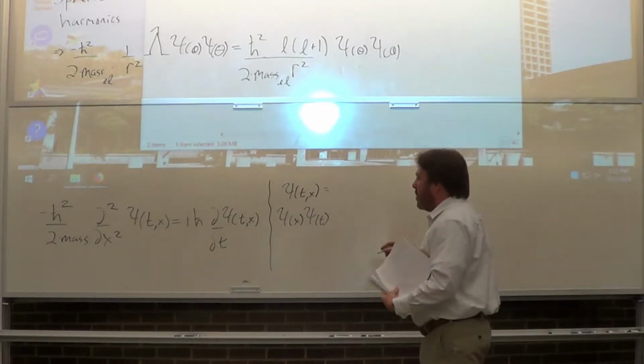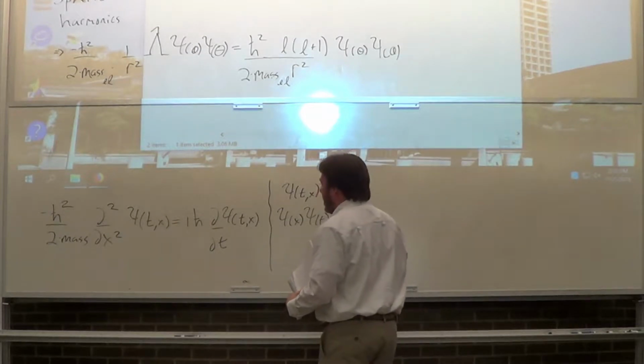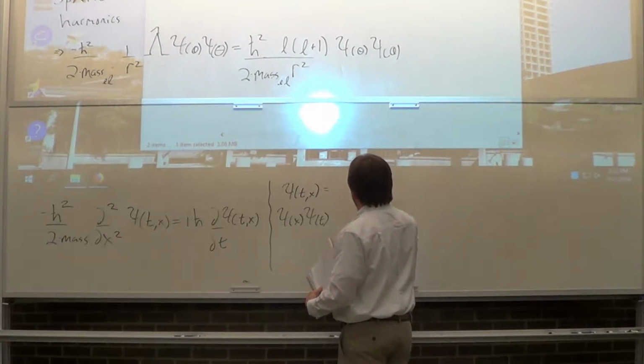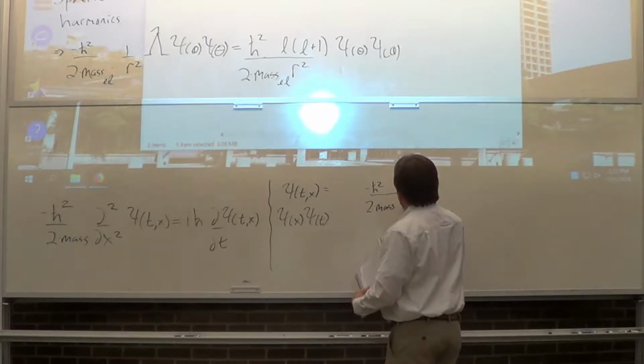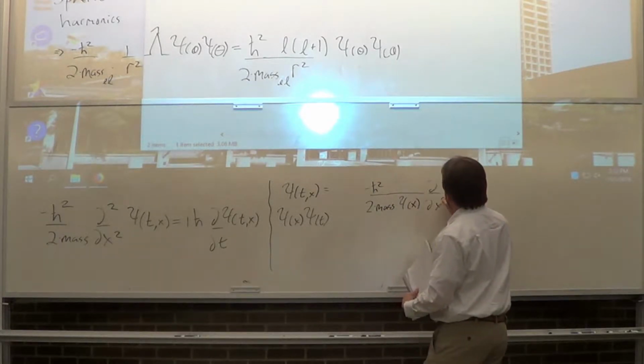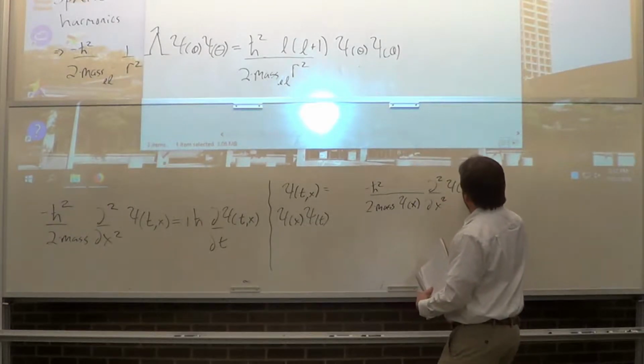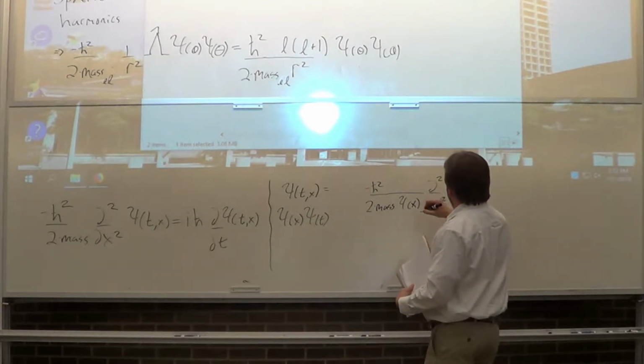If you do the normal separability thing, what you find is minus h bar squared over 2 times mass, times the x wave function, double derivative. Of course, x is caught there.